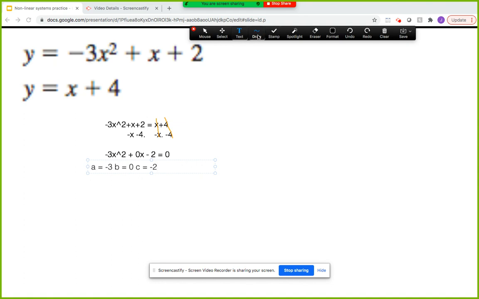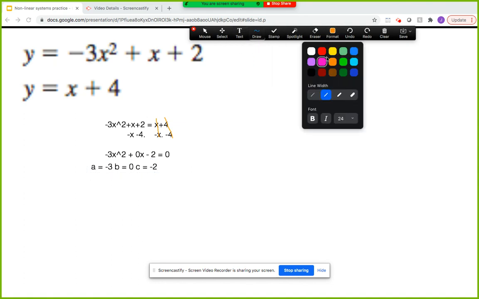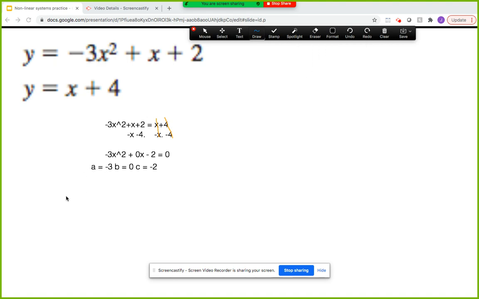And from there, we're going to use the quadratic formula, which is negative b plus or minus the square root of b squared minus 4ac, all over 2a. Okay, and then using that formula, I'm going to plug in my values.